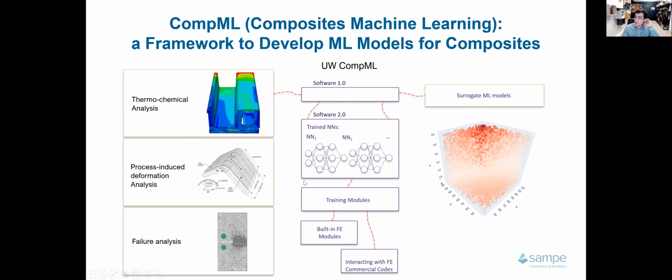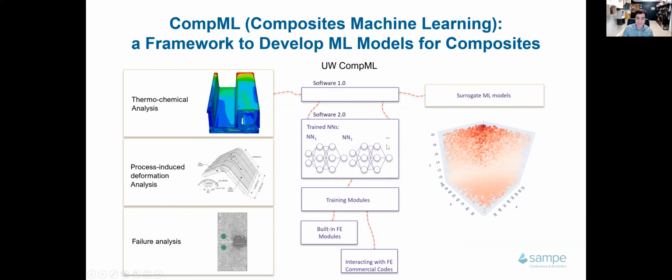It basically has different modules to address thermochemical analysis of composites, process-induced deformation of composites, and failure analysis of composites. If you look at the architecture of CompML, it has modules to interact with commercial finite element codes and generate data. It has its own built-in finite element modules to generate data. And then once it has generated enough data, it can train neural networks or other types of machine learning models.